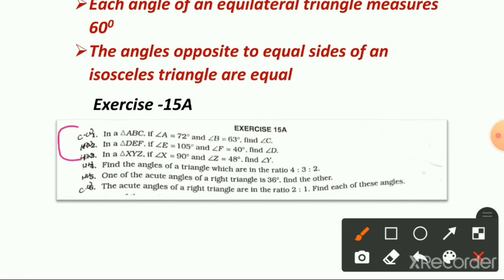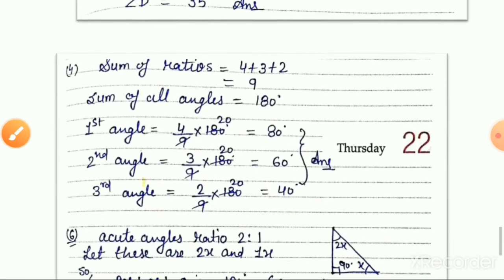Now in question number 4, the ratios of all three angles are given, so how do we calculate this? Whenever ratios are given, you add them, like 4 plus 3 plus 2. Let's have a look.